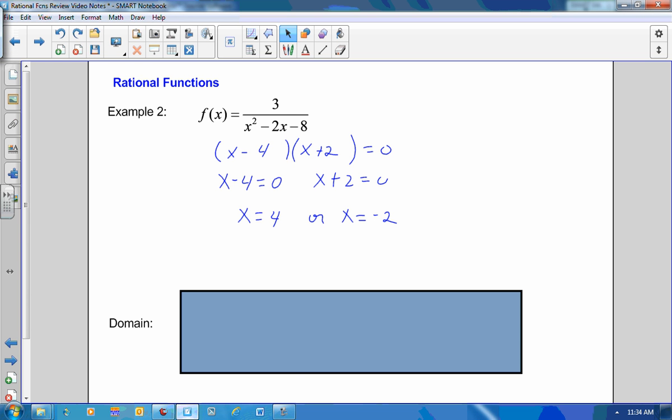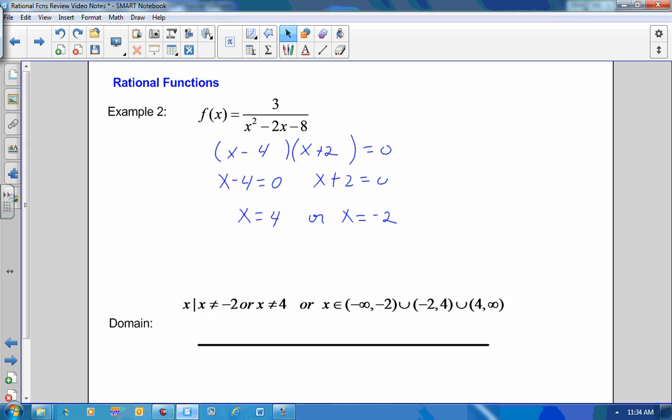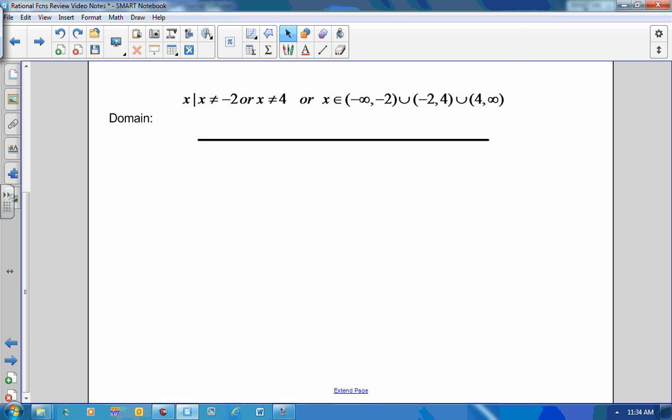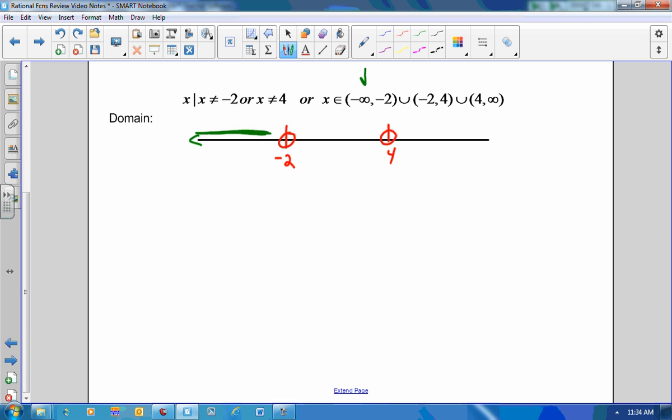So our domain then, let me move this up a little bit, becomes this. To help you think about that, let's put the values of x where the function was undefined. It was undefined at negative 2, so I'm going to block that off, and positive 4. So basically, I can have any value of x going down to negative infinity, so that's this part here.